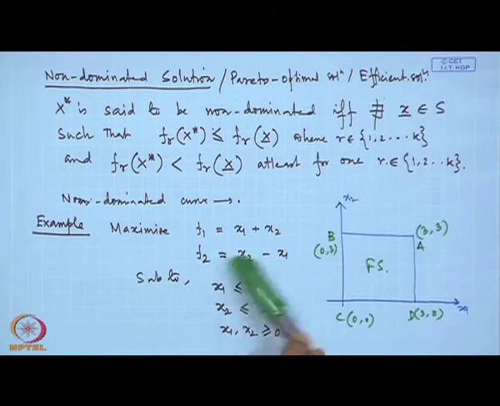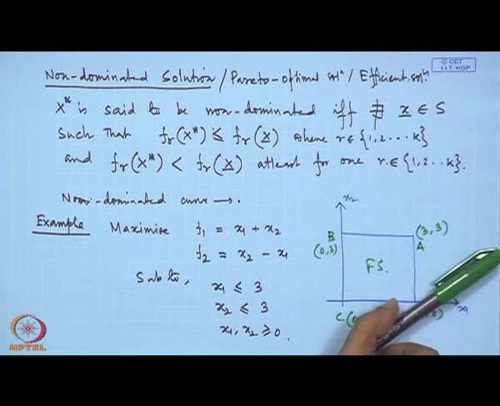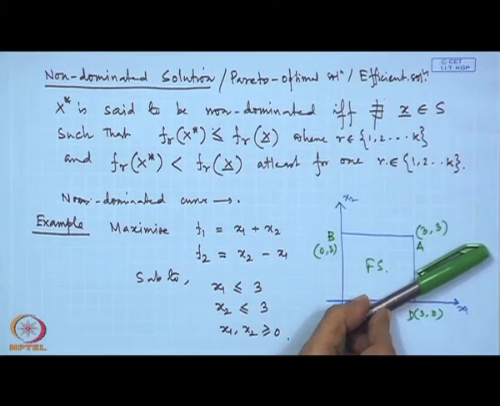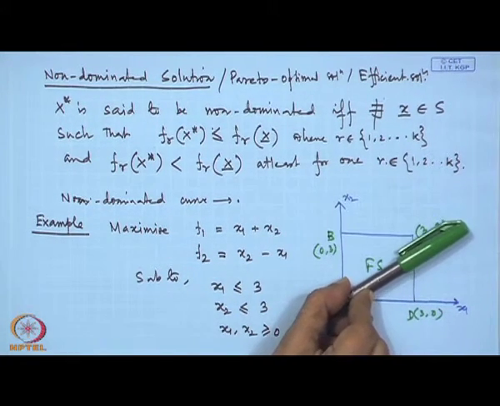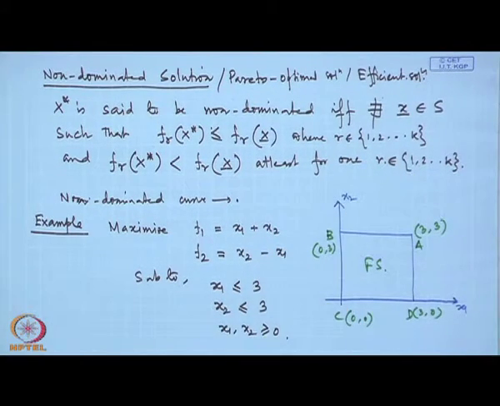But if I look at the other objective function f2, with this slope, it will move and the maximum will be given at point B. That is why we can see that at point A f1 is maximum, at point B f2 is maximum.